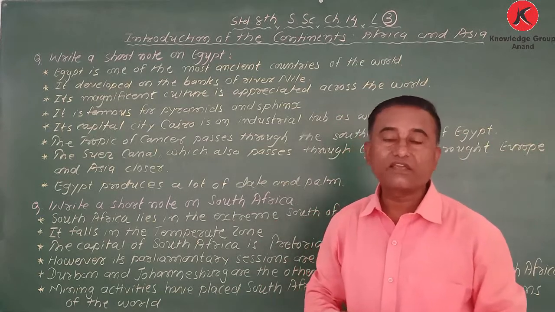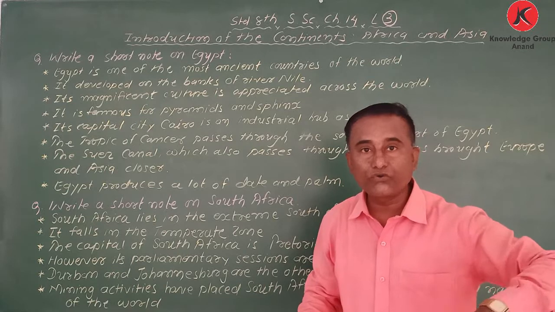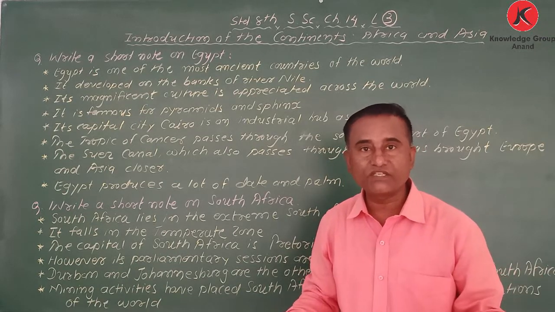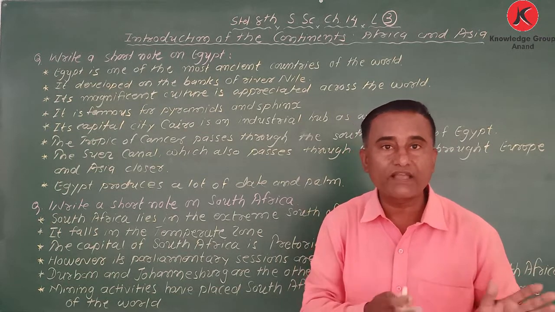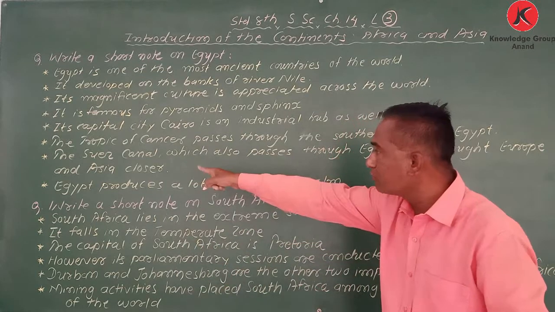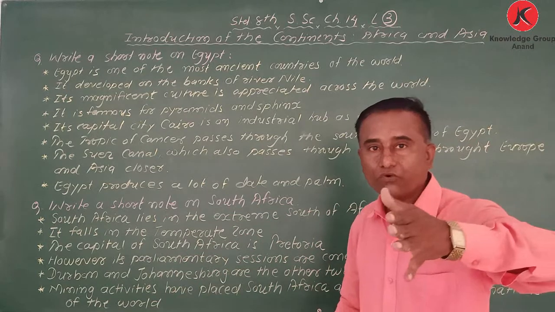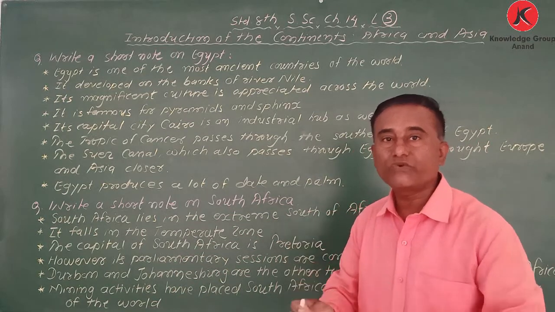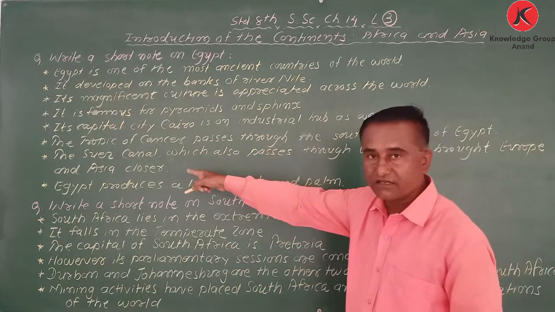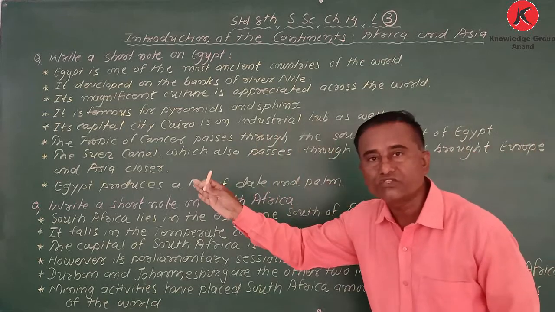If any country, India or Pakistan or whoever, wanted to go to Europe by voyage, a voyage means a route by sea, they had to take a long turn. But because of the Suez Canal, there is no need to make a circular route. They can enter the Suez Canal and go to Europe. So the Suez Canal brought Europe and Asia closer.